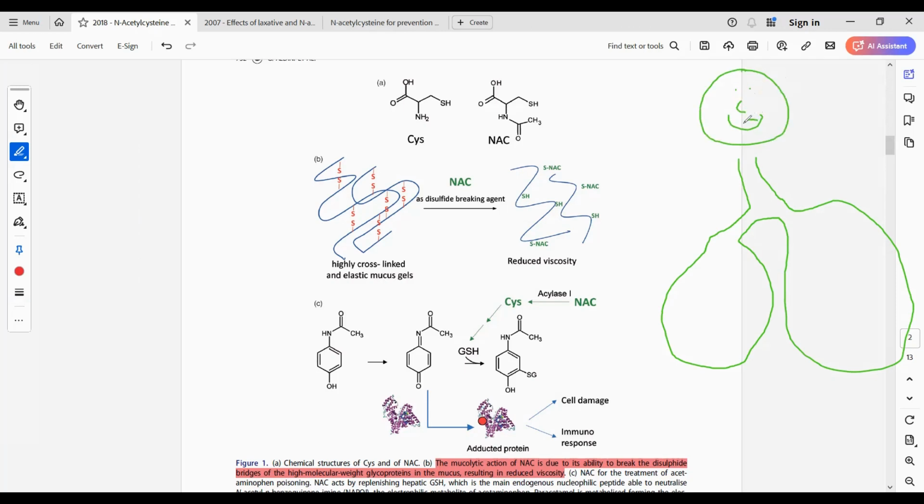So you breathe in air and it comes down your trachea and splits and goes off into one of your lungs. Well, if we zoom in on the bronchi, the lung has little hairs on both sides called cilia.